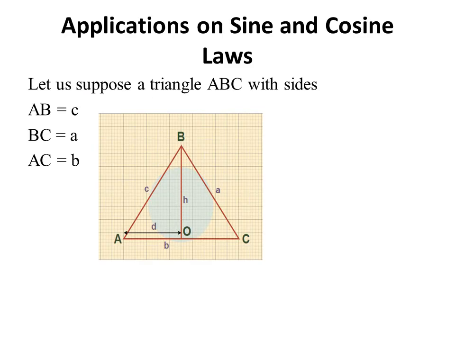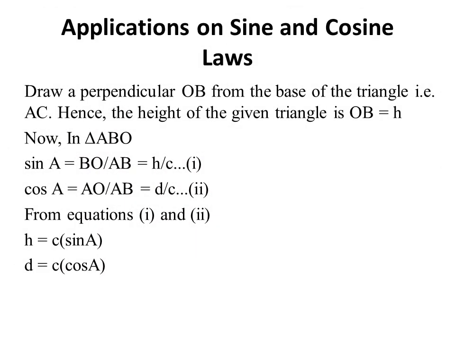Let us suppose a triangle ABC with sides AB equal to c, BC equal to a, and AC equal to b, as shown in the figure. Draw a perpendicular OB from the vertex B to the base of the triangle, that is AC. Hence, the height of the given triangle, OB, is h.